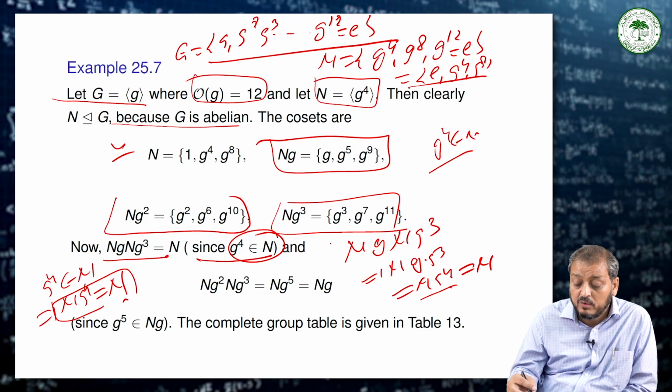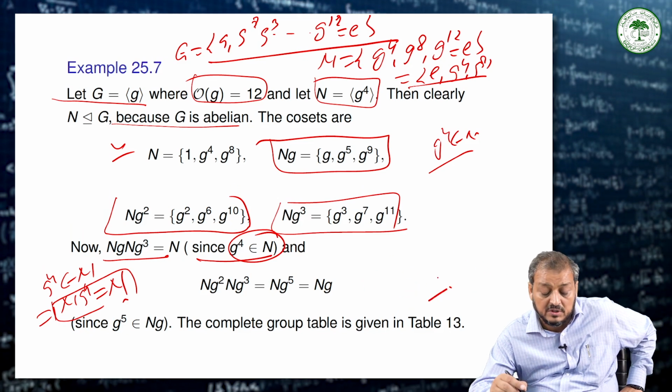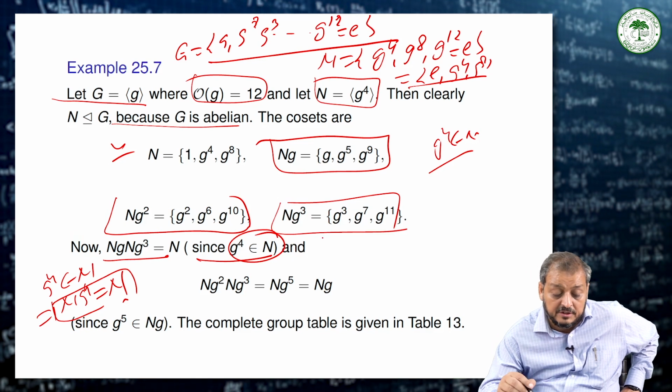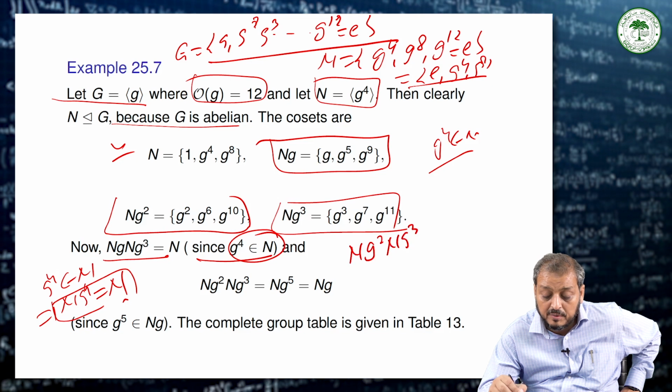Now similarly, we calculate this again in the form of N g, N g squared and N g to the power 3.